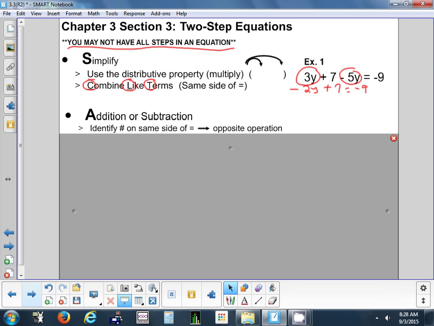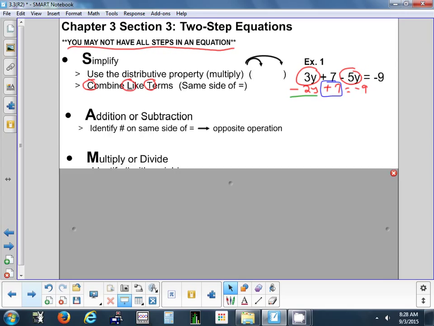Negative 2y is my variable. So then, what's on the same side of the equal sign? 7. Perfect. So we identified it: negative 2y, and we know the number on the same side of the equal sign is positive 7.